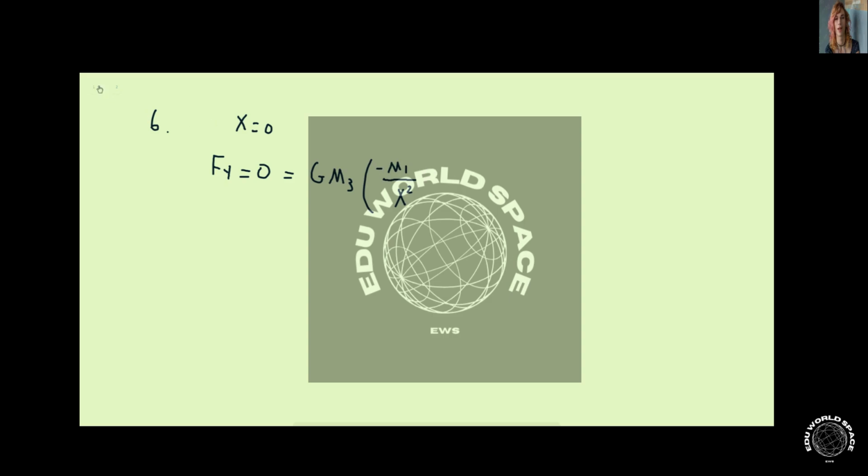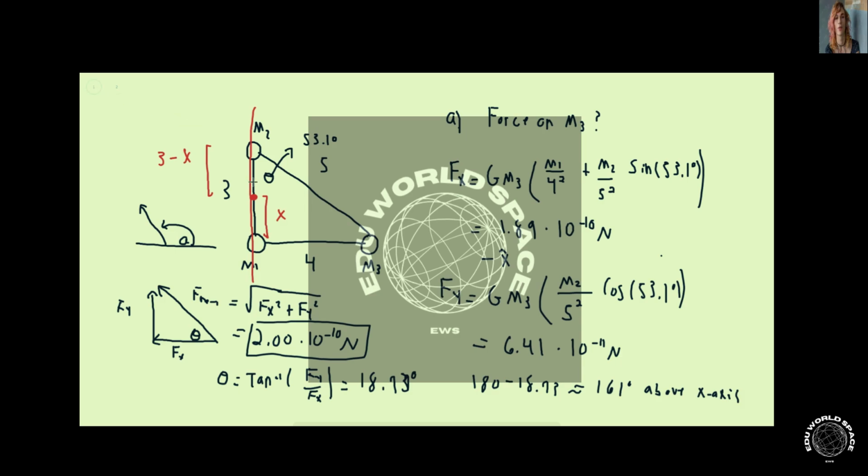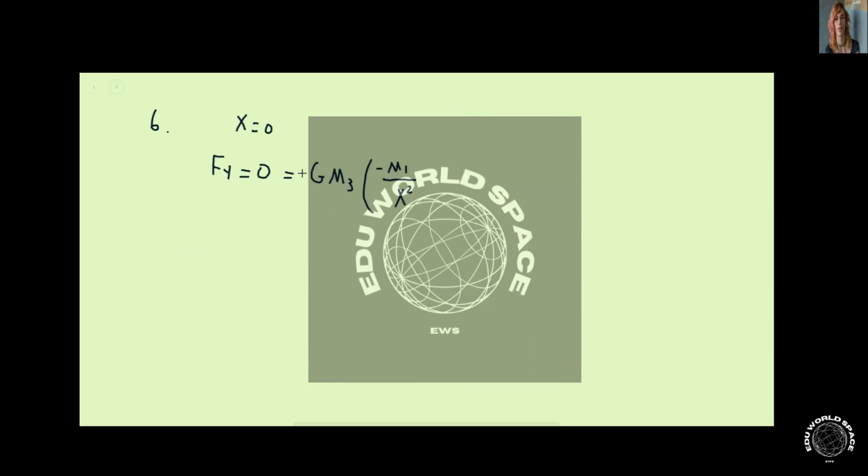And so that's in the negative direction. And then for our other force, for m2, that will be in the positive direction. That's a distance 3 minus x away. So then we have plus m2 over (3 minus x) squared. And so we want this whole thing to equal 0. So that means that this product here has to equal 0. So that tells us that this term has to equal this term, or rather, they have to equal the negative of each other.